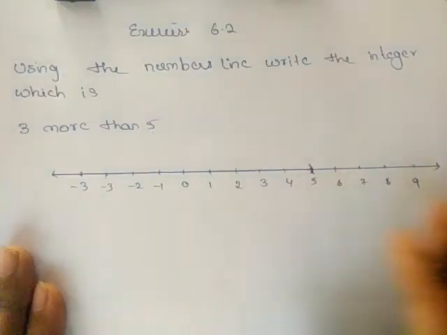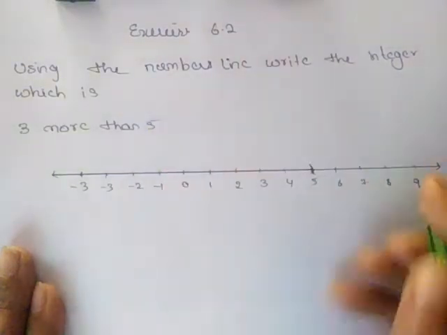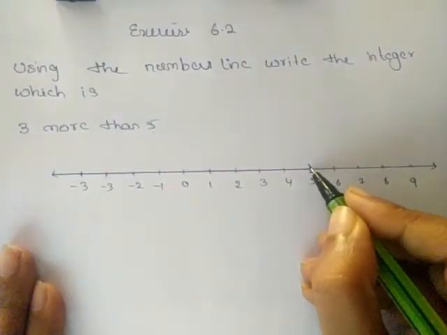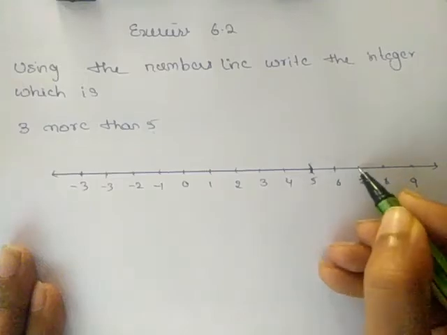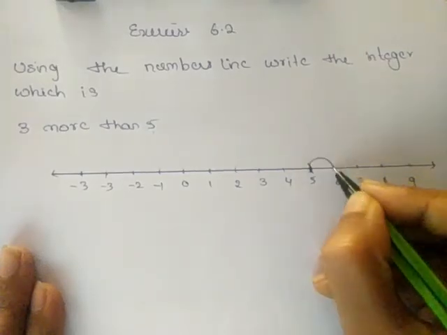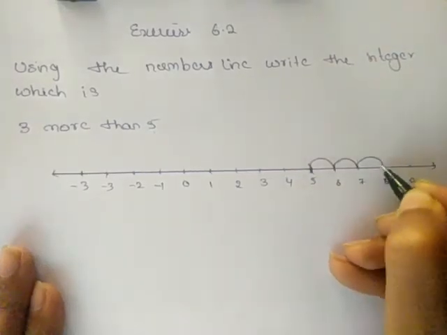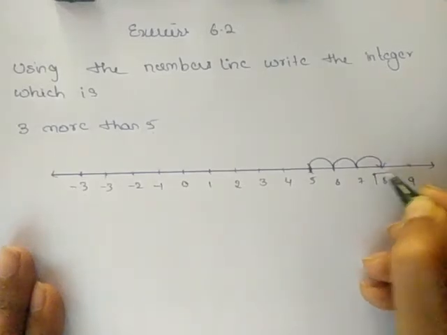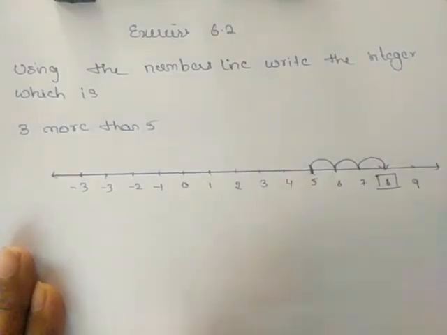More means we need to move rightwards from the point 5. 3 points we need to move: 1, 2, 3. We will be pointing towards 8.